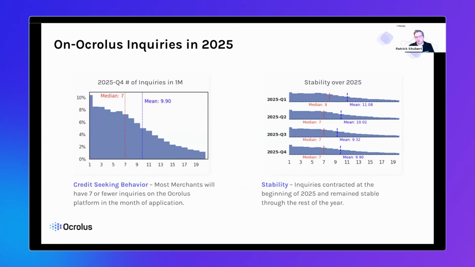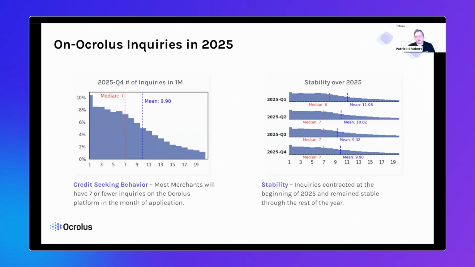And over time, you can see the velocity of perhaps their credit appetite or how they're behaving in terms of seeking credit. The key takeaway here is these numbers are a little bit more than we see for consumer credit applications in a consumer product. If you're seeing anywhere from 1 to 7, that's very normal, up to 9 or 10.